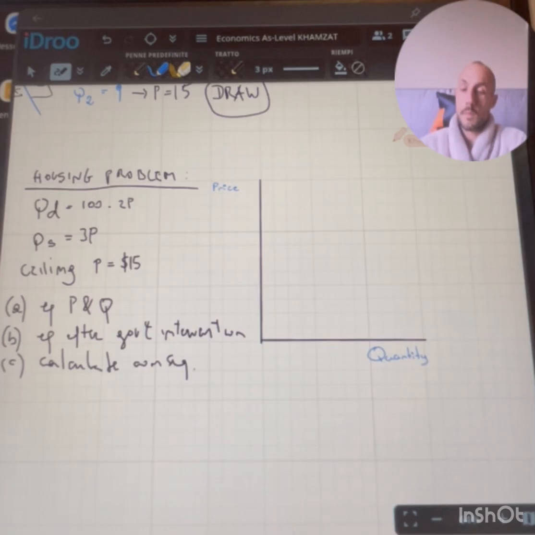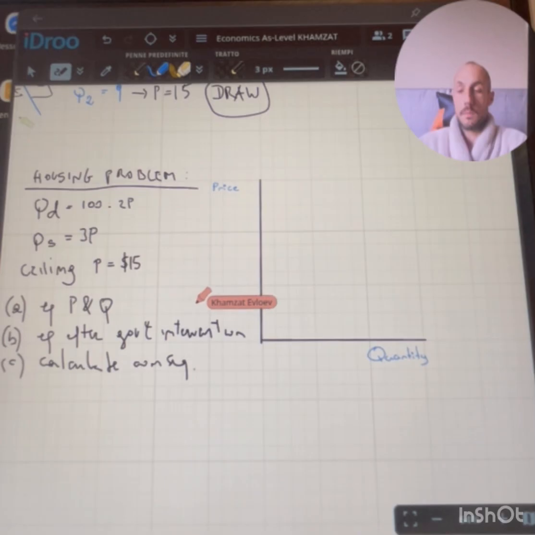The price ceiling is 15, yes. But first I would like you to calculate the values in the absence of any governmental intervention. How do I extract an equilibrium out of that? We have just done it. We just put them together when the quantity demanded is the same as the quantity supplied.